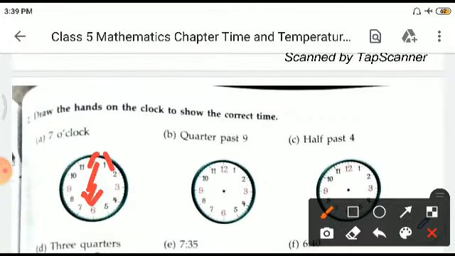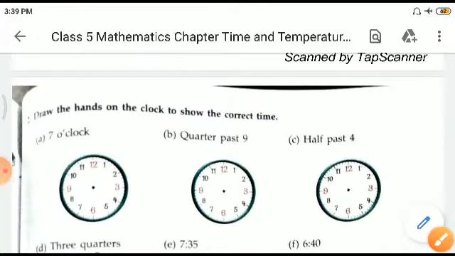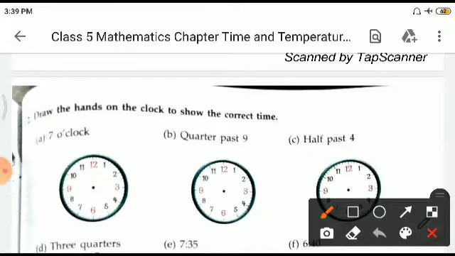We have seen all that, like this, and the bigger one at 12.